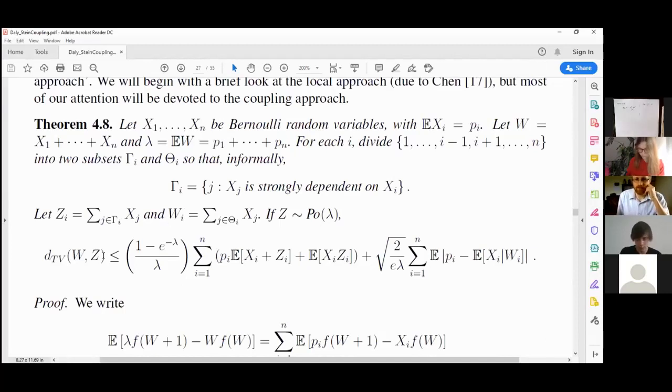In that setting we can use the same kind of arguments, but we have to be a little bit more careful, and we can get an explicit bound which reduces to what we had before in the case where those X's were independent.